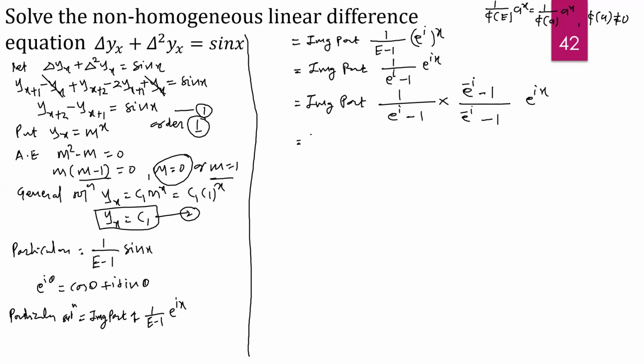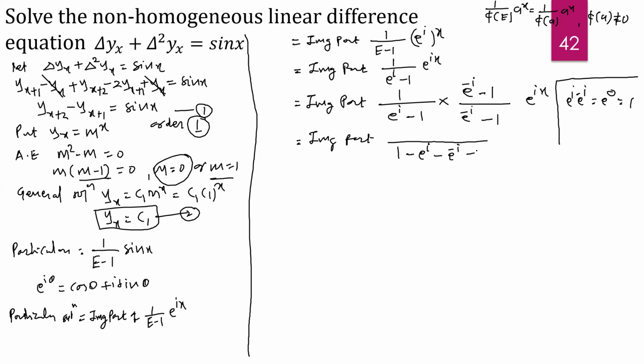Now simplify. e raised to i is multiplied here with e raised to minus i, the base is the same, so we add the powers: e raised to 0, that is 1. Then e raised to i is multiplied with the minus 1, giving minus e raised to i.